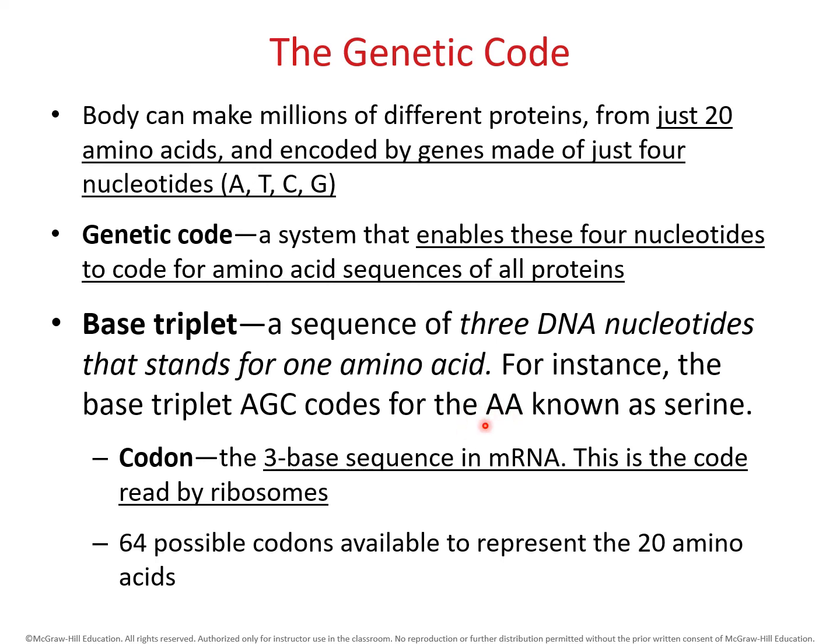So this is how we're getting this code or this language, from nitrogenous bases to protein eventually: base triplets are associated with specific amino acids. For example, the base triplet adenine, guanine, cytosine, those three together next to each other in a sequence in the DNA molecule will code for the specific amino acid known as serine.